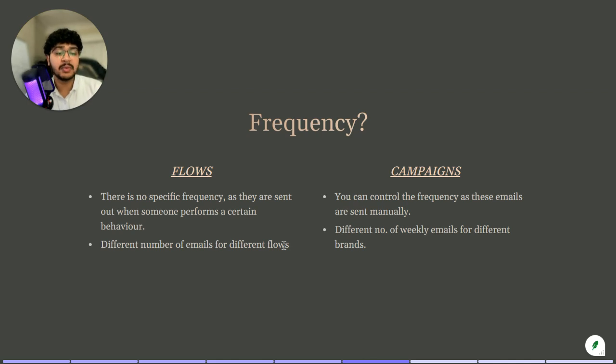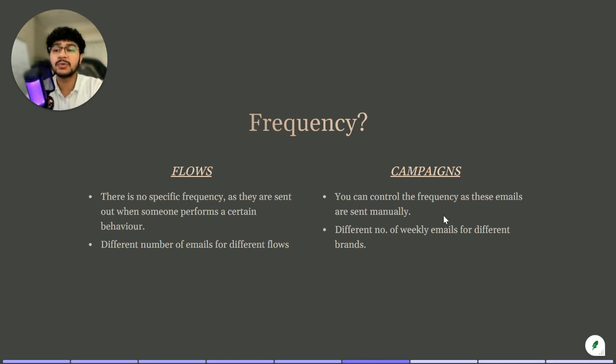For example, a welcome email series can be anywhere from 3 to 7 emails. The abandoned cart email sequence is usually 2 to 3 emails, and the same for abandoned checkout. There are different frequencies, because you cannot control what behavior somebody is going to perform.